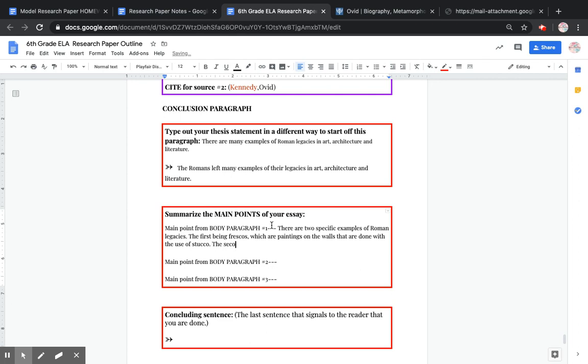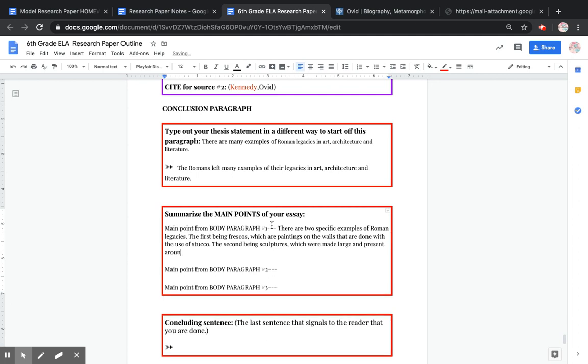The second being sculptures, which were made large and present around the cities.